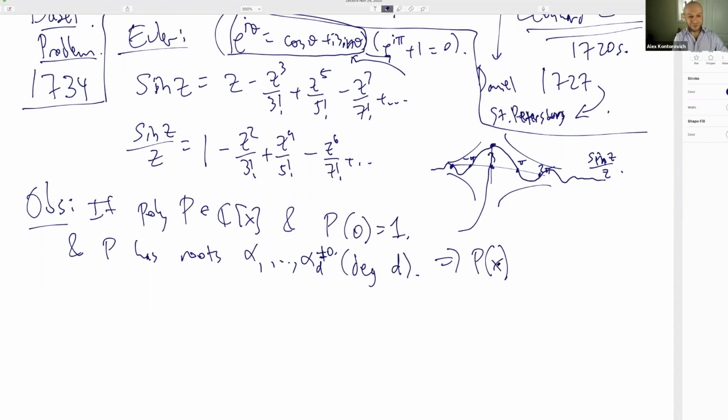Let's call it p of x, whatever. What's p of x? Can you think of a polynomial that has roots at the alpha i and its value at 0 is 1? Well, let's just think of a polynomial that has degree 1. So I just want a polynomial that vanishes at alpha 1 and takes the value 1 at 0.